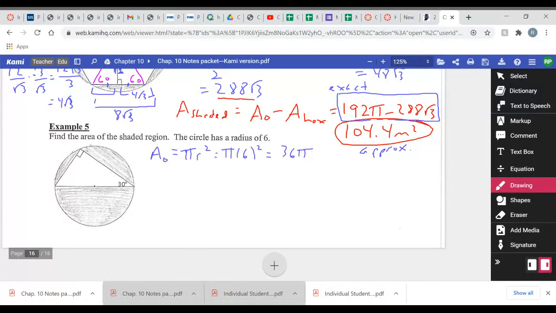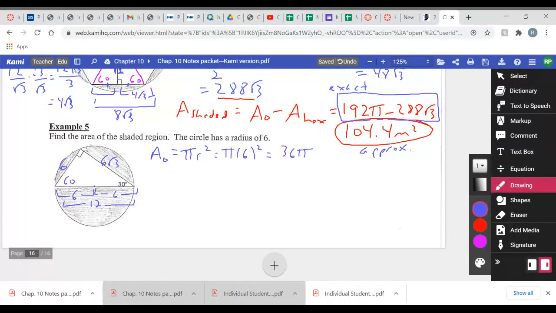So that part's done. Now, in terms of the circle, if it tells me it has a radius of 6, from the center out to the edge is 6, from the center out to the edge is 6. And so I know the whole diameter is 12. I also can see this is a 30, 60, 90 triangle. If I know the hypotenuse is 12, I can divide that by 2 to get what the short leg is, which is 6. And then if I know the long leg, I can multiply by square root of 3, just 6 square root of 3.